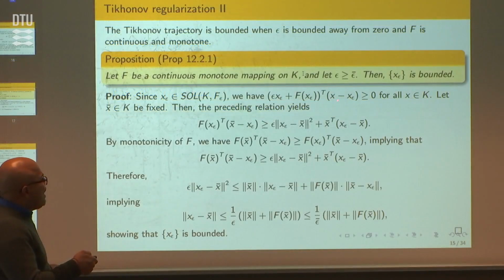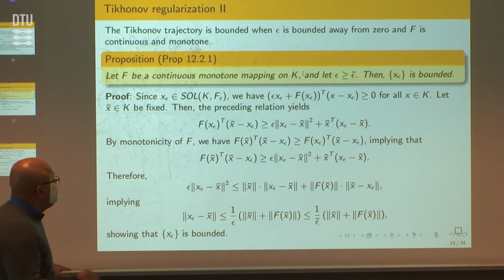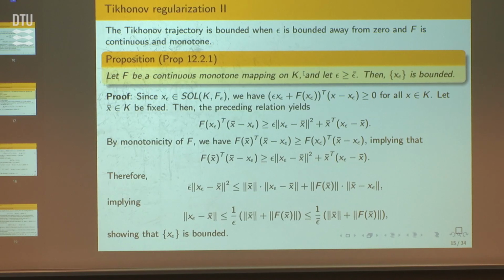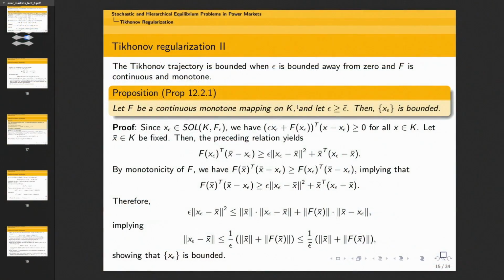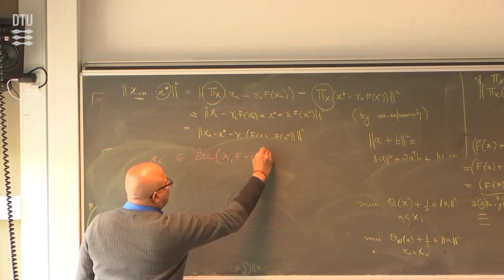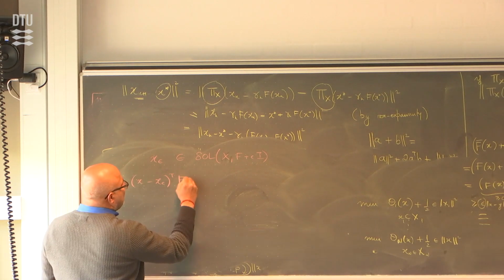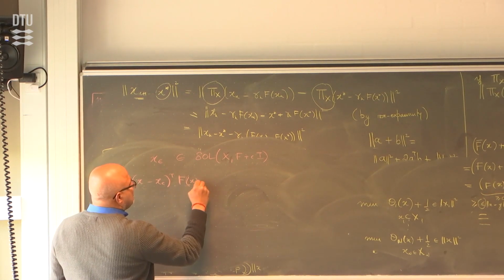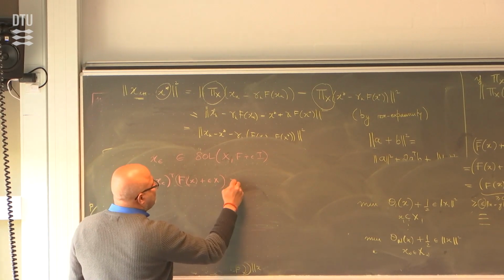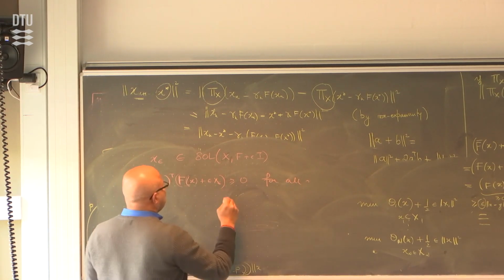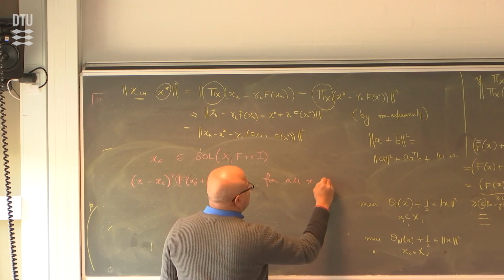If x epsilon is a solution of the variational inequality with F plus epsilon I, then x minus x epsilon transpose F of x epsilon plus epsilon x epsilon has to be non-negative, just by definition, for all x in X.